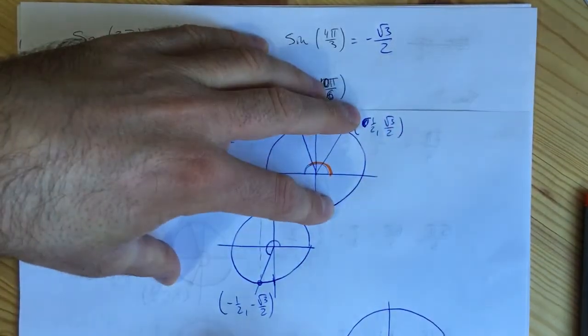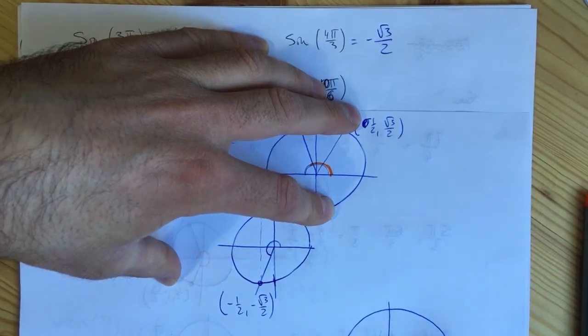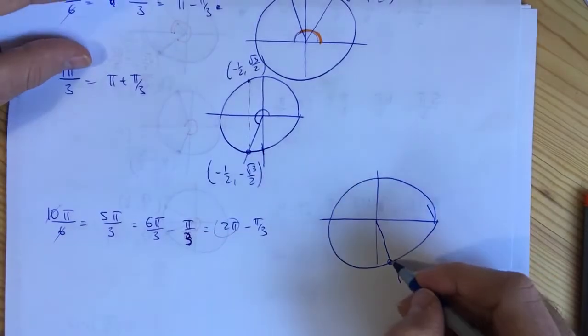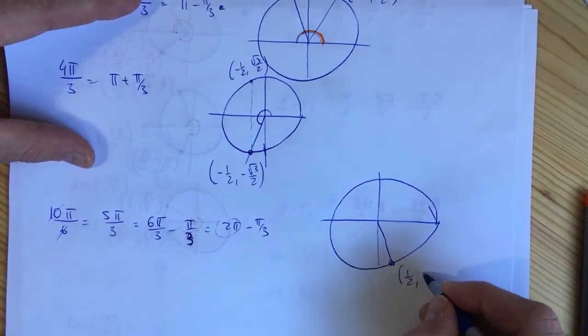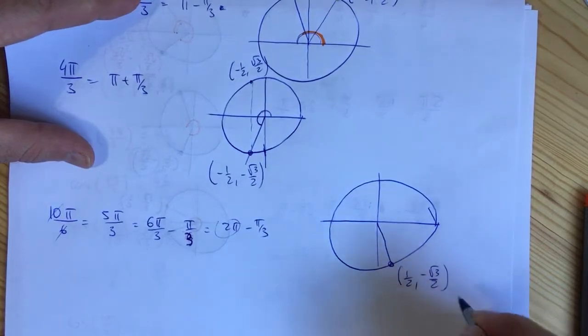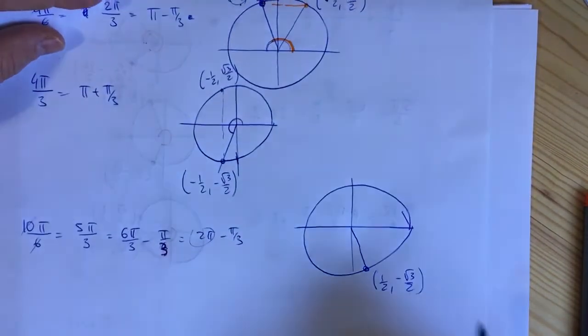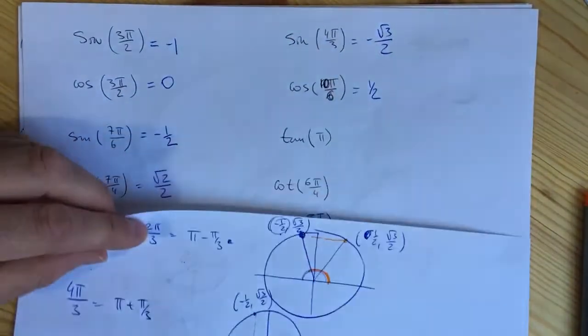Okay, so that's a full circle, 2 pi minus pi over 3, this point right here. And then you can look at the previous example to check how we get the point here, 1/2 and negative square root of 3 over 2. We're looking for cosine of that value, so the cosine is going to be positive 1/2. Okay?